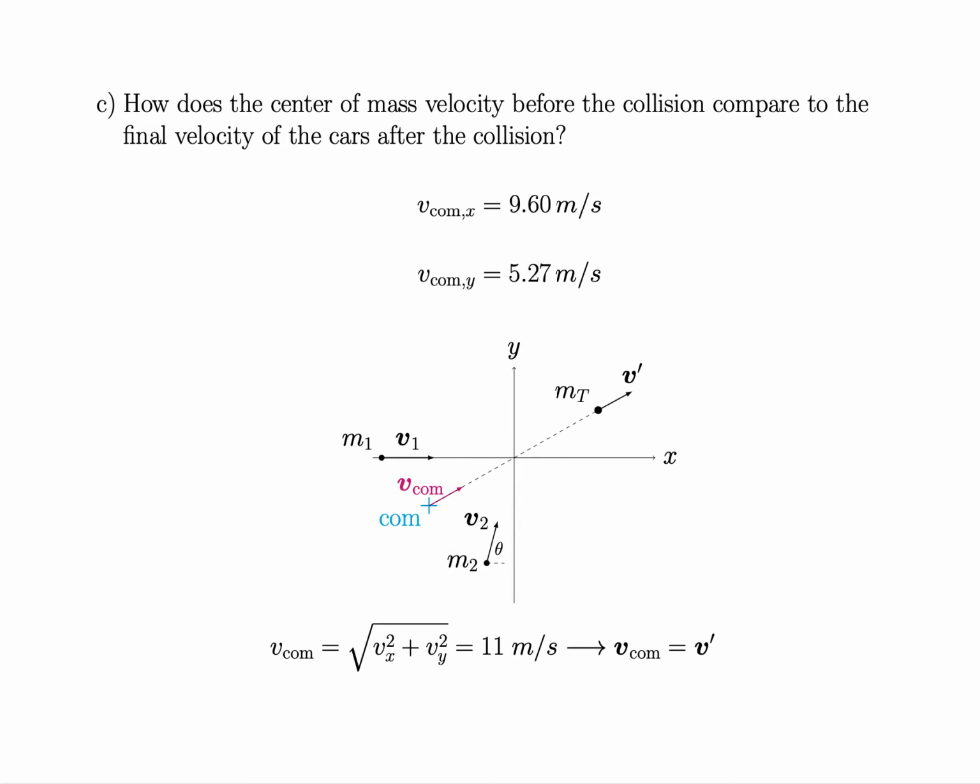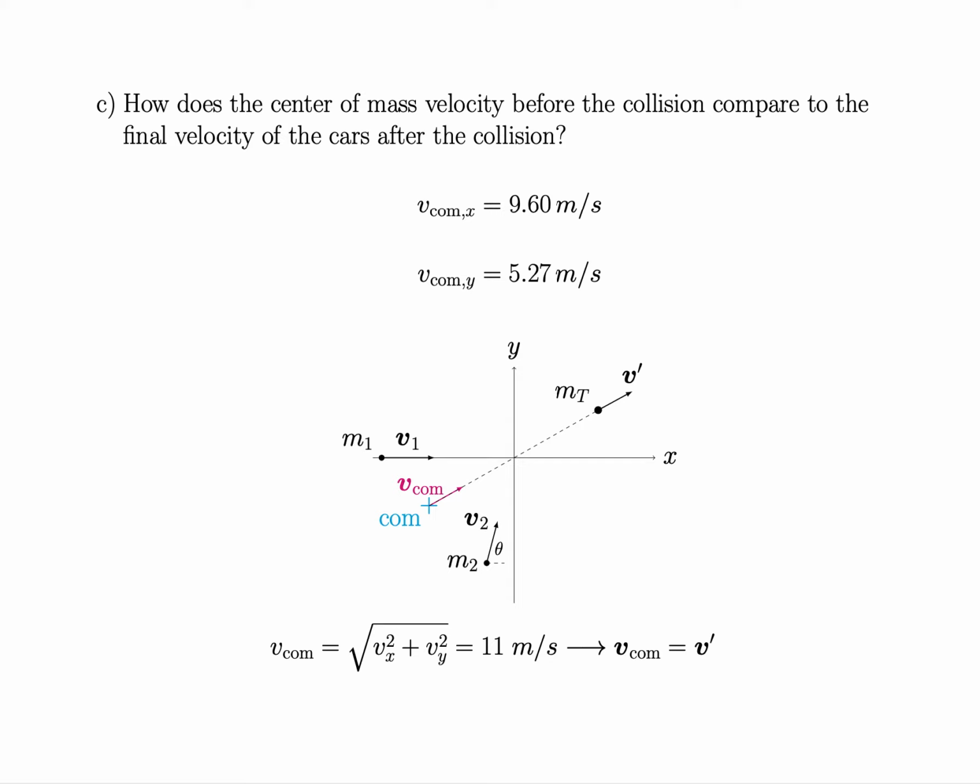So it's interesting that the center of mass velocity vector is exactly the same as the final velocity vector. And the important thing about center of mass velocity is that when two or more objects interact in a way that conserves momentum, then the center of mass velocity isn't changed.